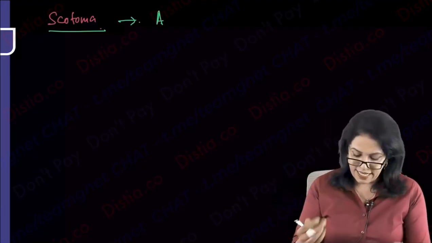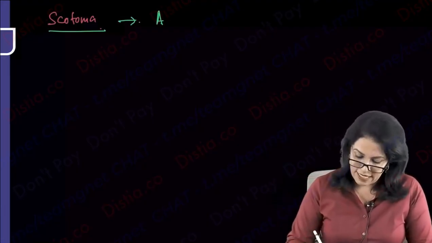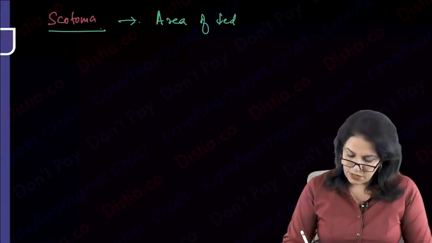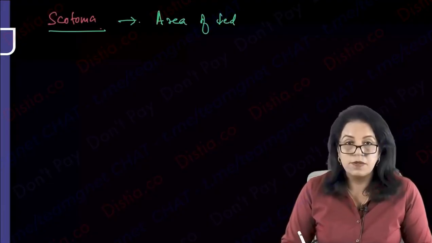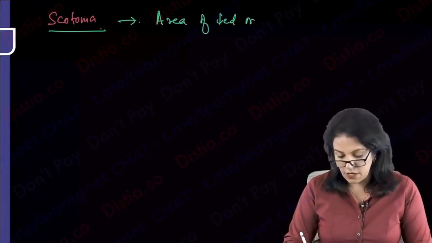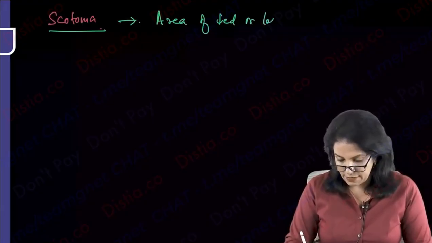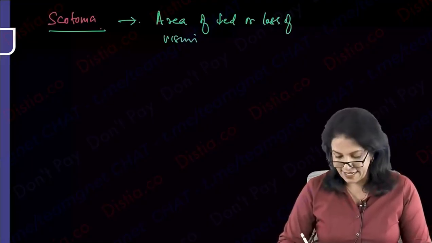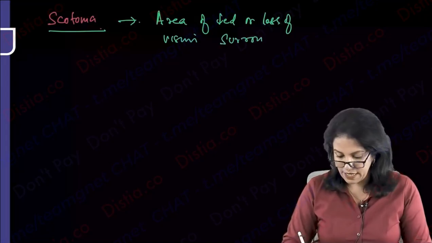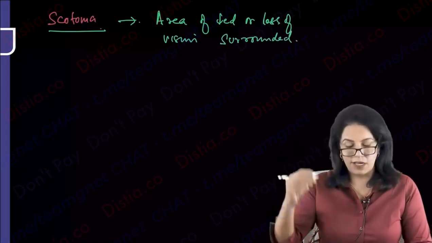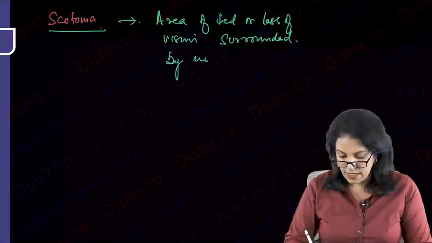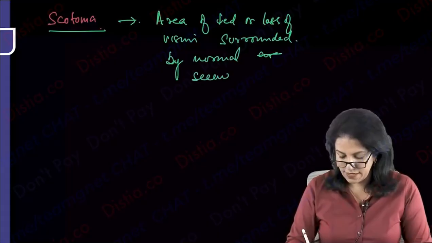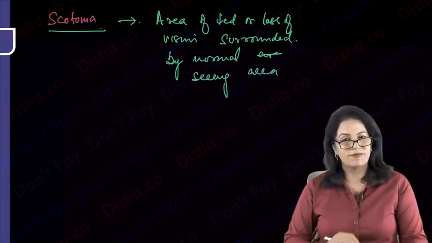You can say it's an area of reduced or decreased sensitivity, or decreased vision, or even total loss of vision, but surrounded by normal seeing area. That is very important. Surrounded by, so area where patient cannot see, surrounded by a normal area. This is what is scotoma. I think this is absolutely clear now.